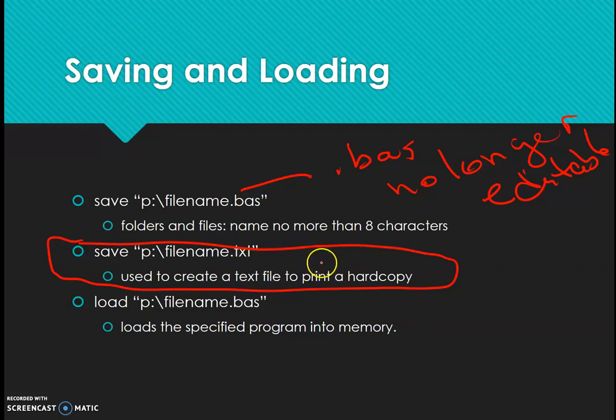This one saves it as a text file, and so this one allows me to update it anytime I want. That is very useful, to create it as a text file. It also will allow me to print it. Every once in a while, I'll ask you to print your code.